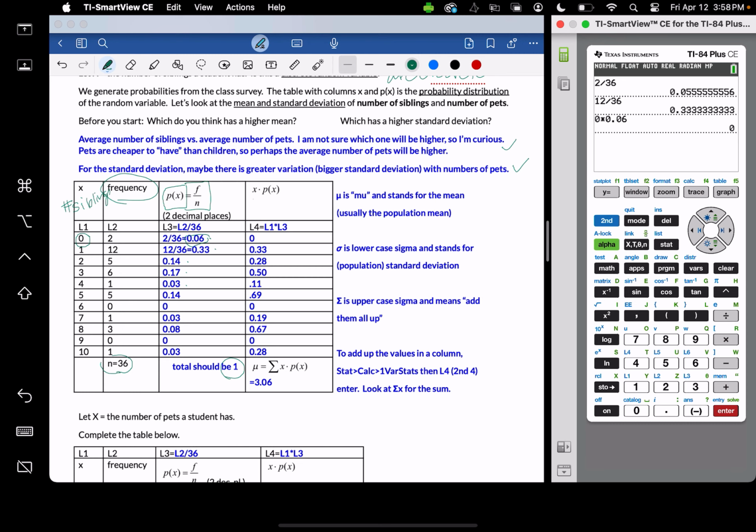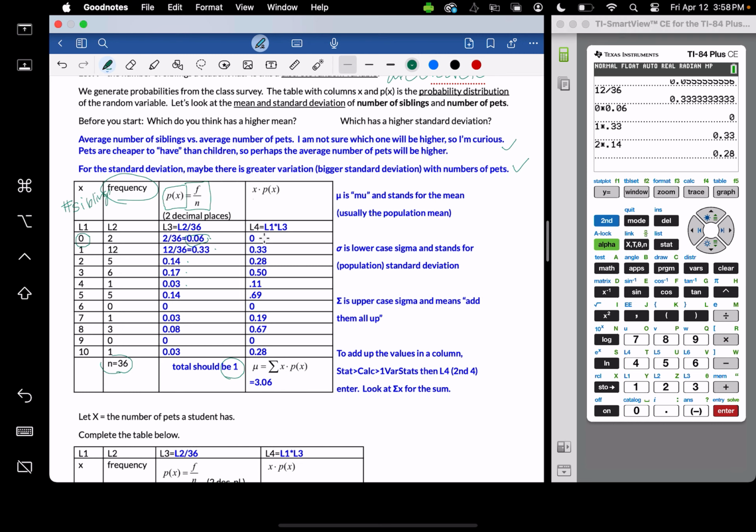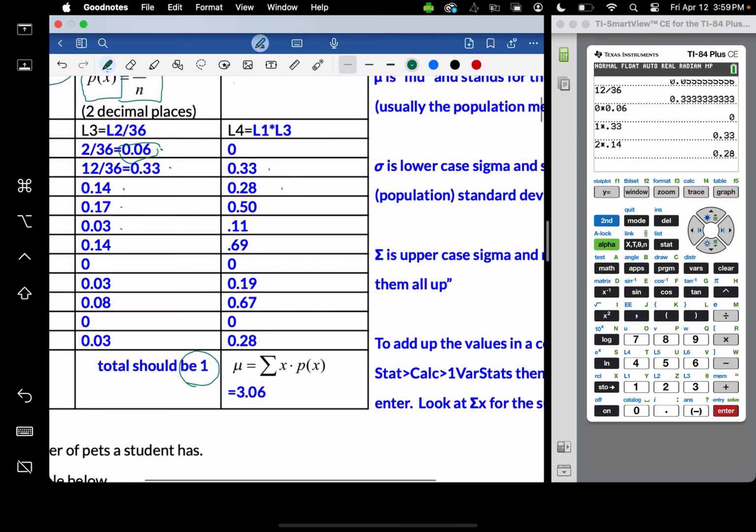Let's do the next row. 1 times 0.33 gives me 0.33. 2 times 0.14 gives me 0.28. So x times p of x, I write them down in each of these slots, and that completes this column. And now check out this mathematical formula here.